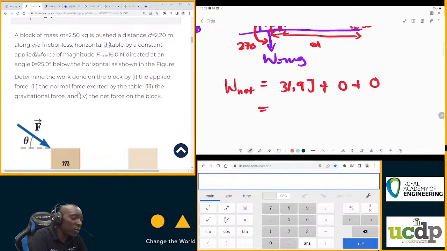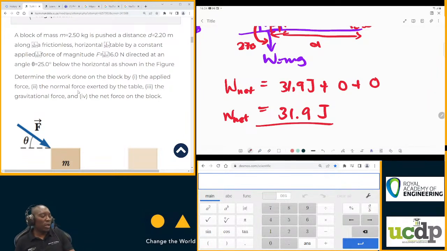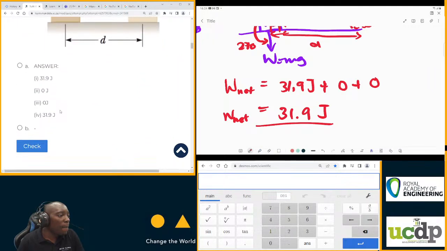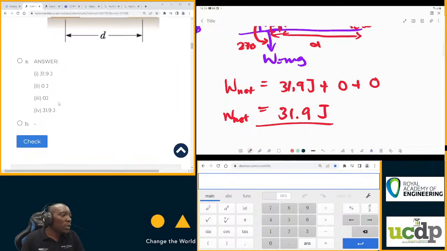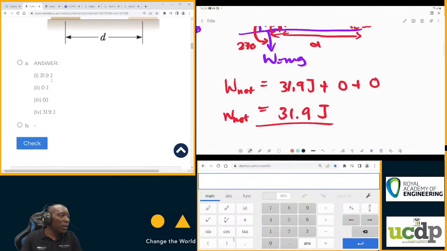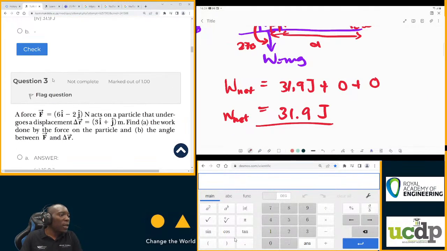So the work done by the net force on the block is still 31.9 joules. So the net work done is still 31.9 joules. Okay, those are the solutions given there.